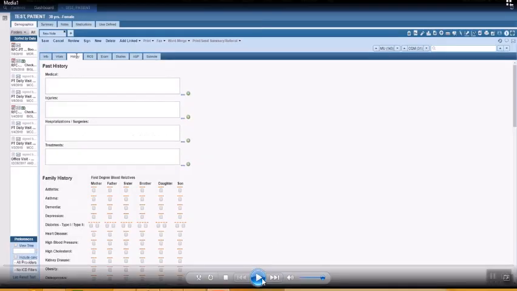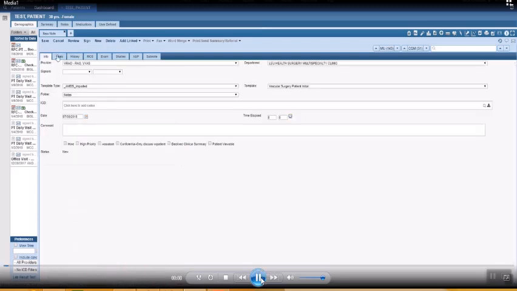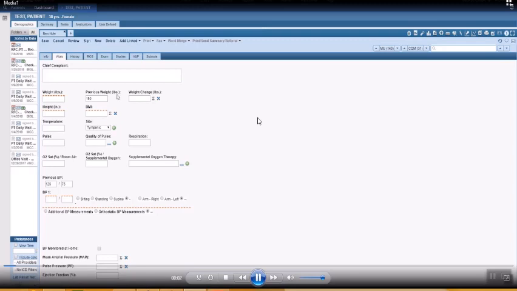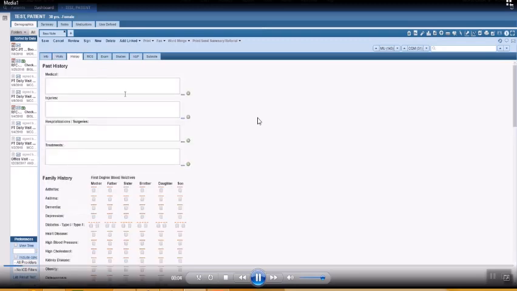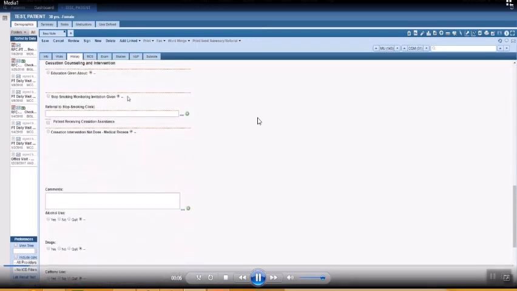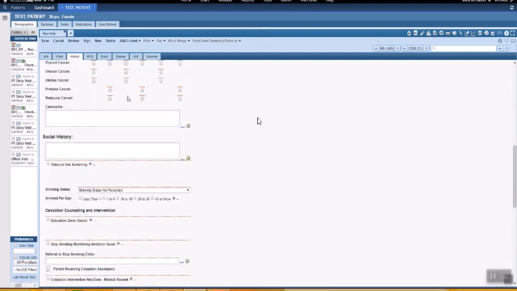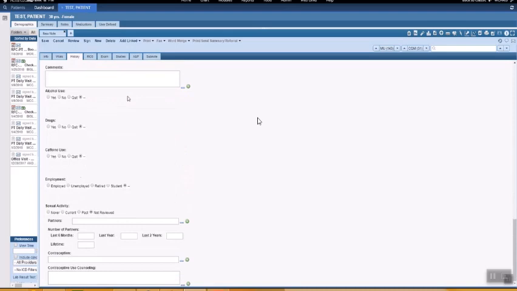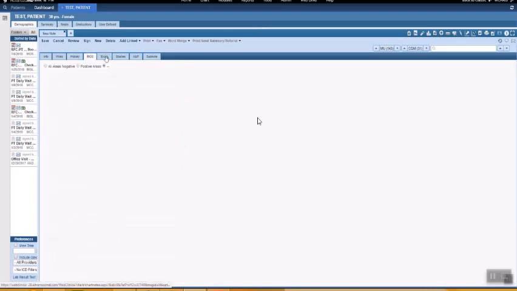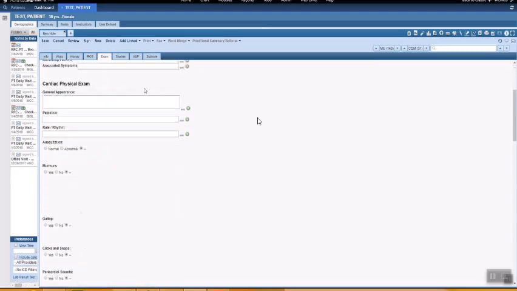This is the template associated with the EHR where we have set up all of the components required for specific service levels. So that history that we talked about, the vitals that we talked about that had to be associated with the chief complaint, and the things that needed to be included in the history, we've added all of those to the template.